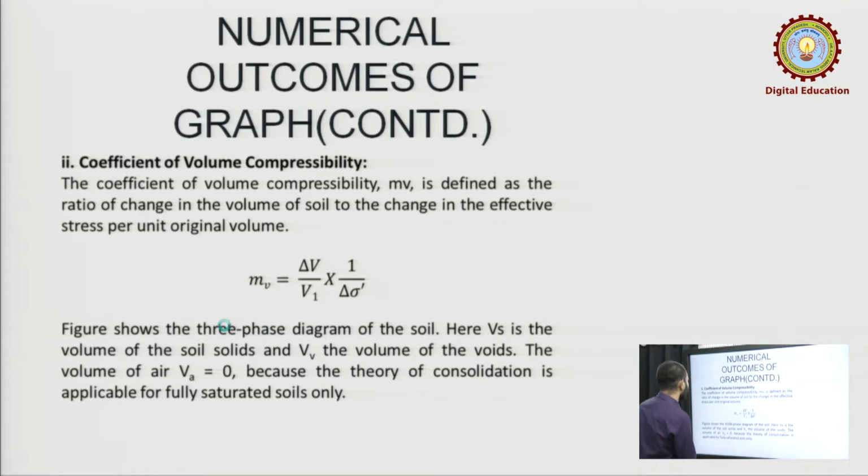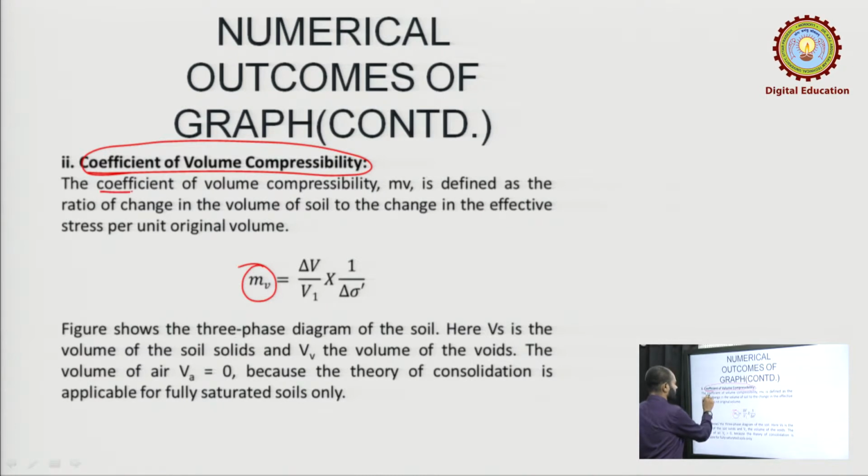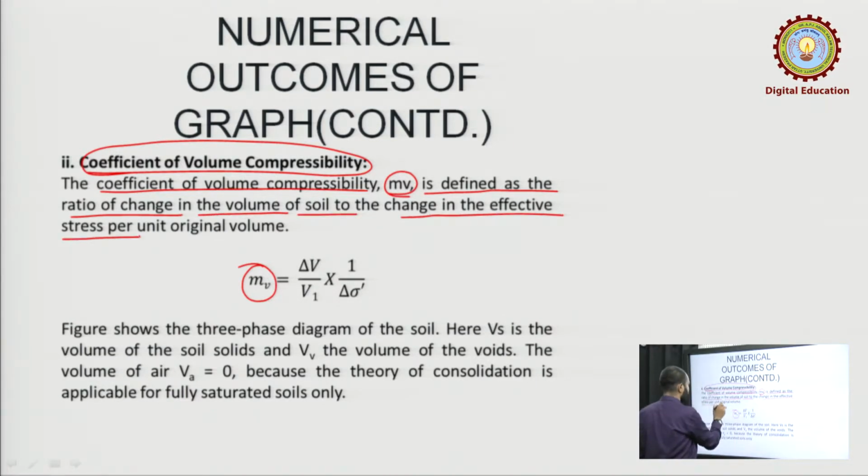The next one is the coefficient of volume compressibility, m_v. The coefficient of volume compressibility m_v is defined as the ratio of change in the volume of soil to the change in the effective stress per unit original volume. What does this mean?